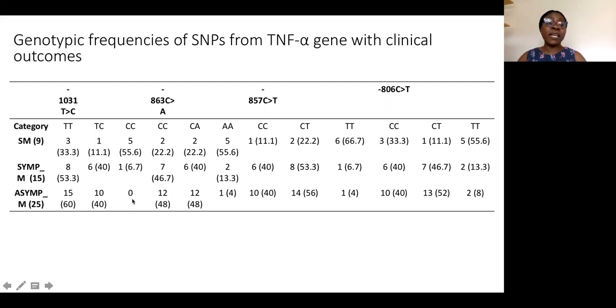What this signifies is that having the homozygous wild type or the heterozygous mutant type is actually protective against severe condition, as we have seen here in both the symptomatic and the asymptomatic groups, unlike here where we have the majority of the participants expressing this homozygous mutant.